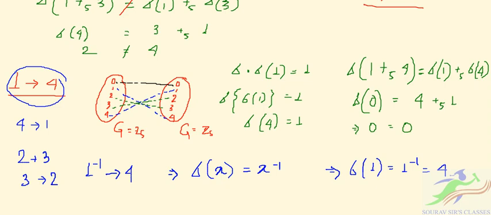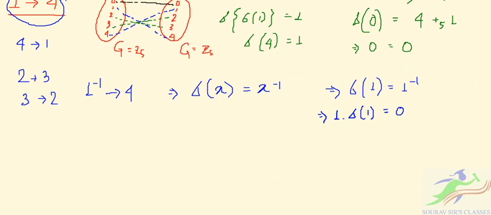And we can also do one thing over here. If we don't put the 4 in this, so phi of 1 is 1, right? So you can write that 1 multiplied by phi of 1 is equal to 0. So if we put this form as x, so x dot phi of x is equal to e.